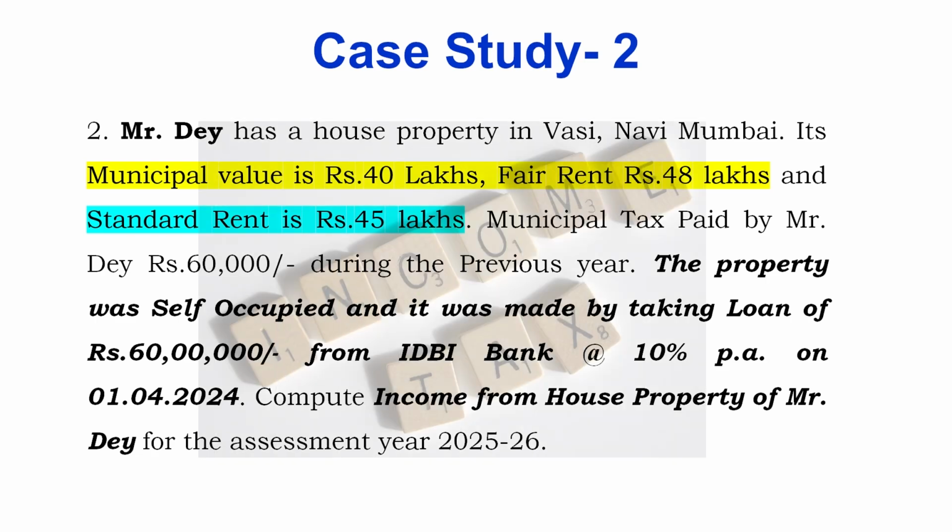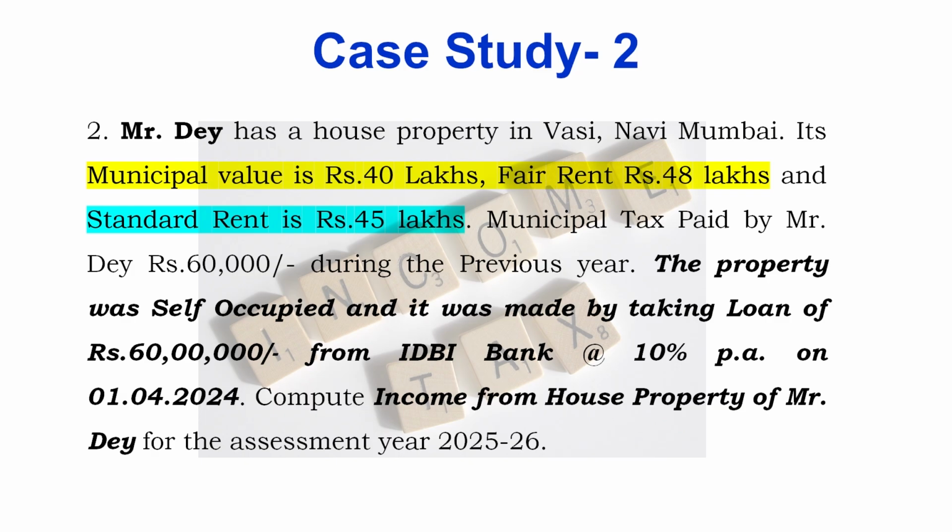Let's see another case study. Here, Mr. De has a house property in Vashi, Navi Mumbai. Its municipal value is rupees 40 lakhs, fair rent rupees 48 lakhs, and standard rent is rupees 45 lakhs. Municipal tax paid by Mr. De is rupees 60,000 during the previous year.